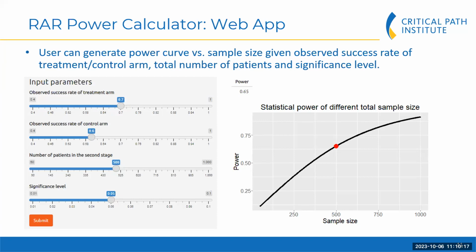A plot of statistical power by the same settings but different total number of patients is generated as well. For example, given the parameters on the left hand, we can get the statistical power is 0.65, which can be reflected as the red dot in the plot. And this plot also tells us how the statistical power changes from different sample sizes.